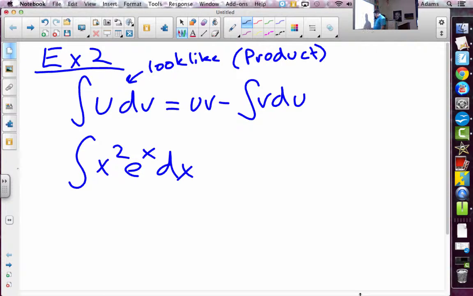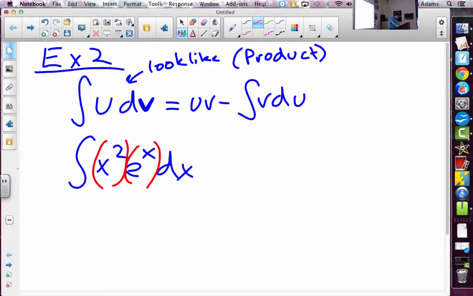It looks like a u, but it's a v. Okay. So I'll give you a clue. One of these is going to be u, and one of these is going to be dv. And then we take the antiderivatives and all that business and go from there.